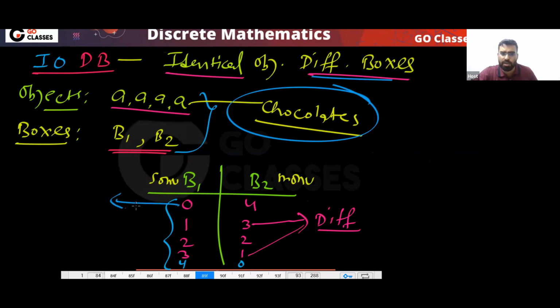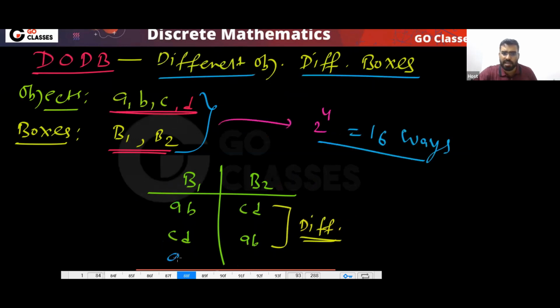Like how many you are putting into B1, this number matters, correct? But here you can notice this number also matters and which element, that also matters. So the number is important and which element you are putting is also important.